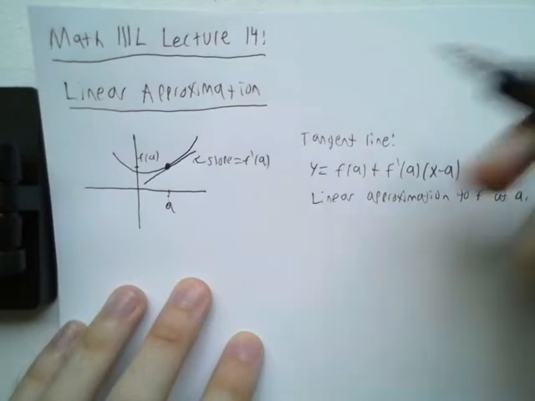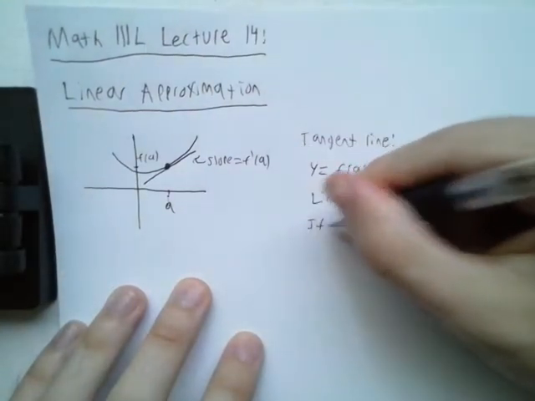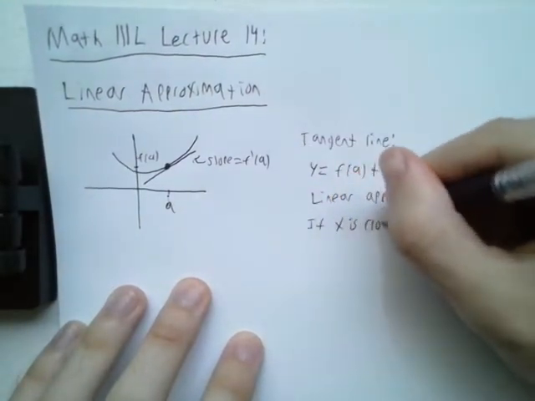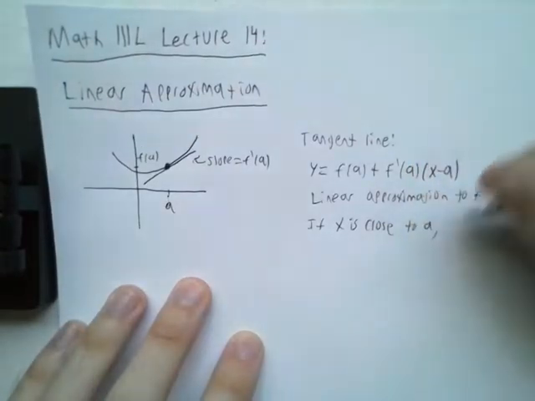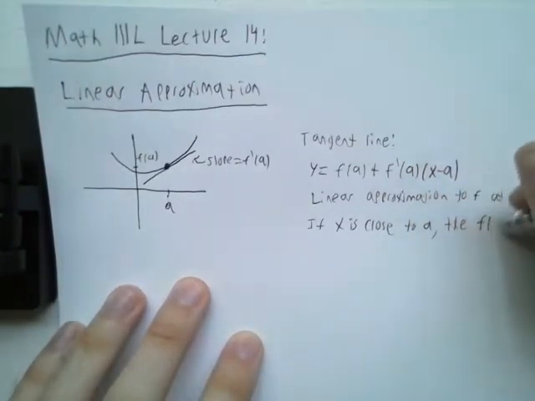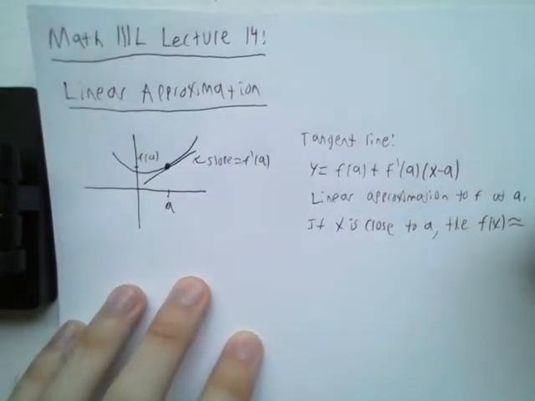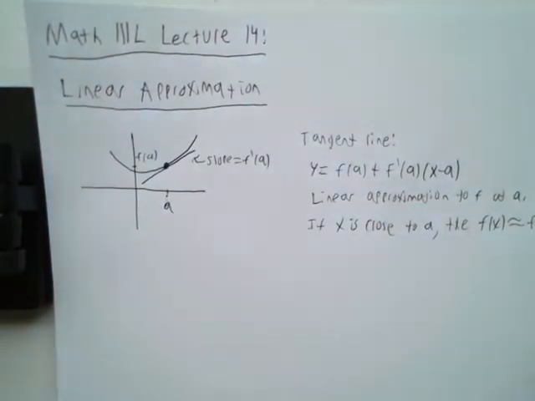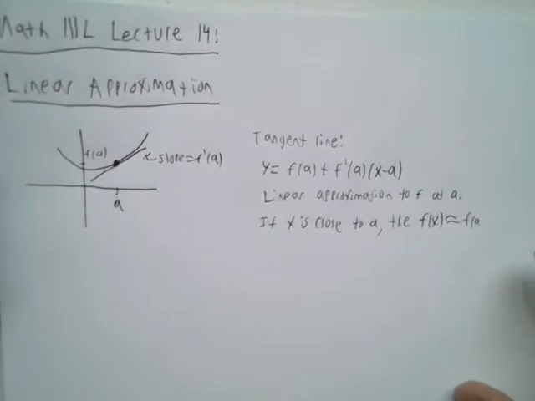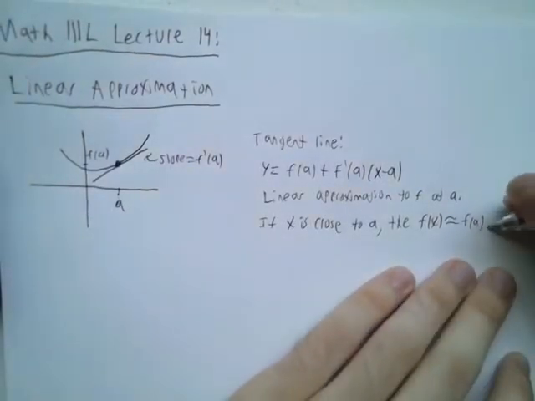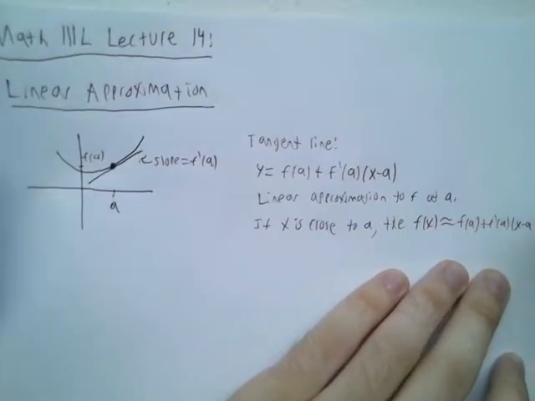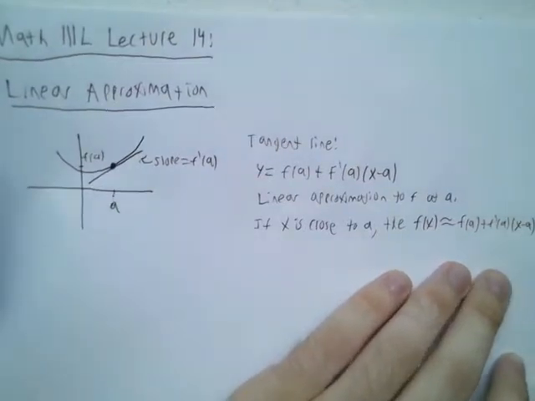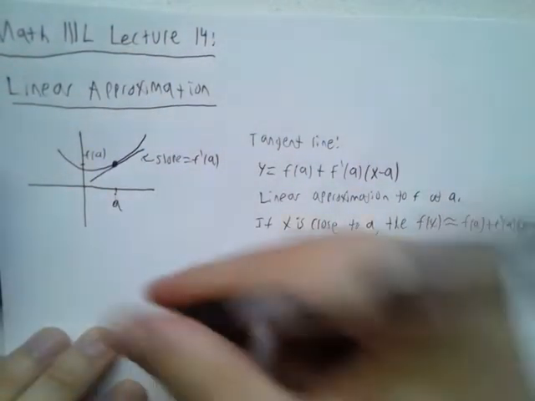The idea is that if x is close to a, then f of x is approximately equal to just this tangent line, f of a plus f prime of a times x minus a. So why is this the case?